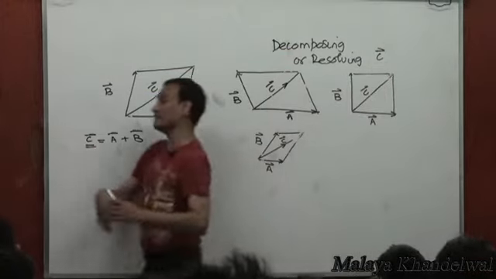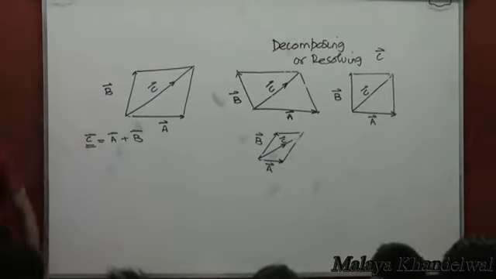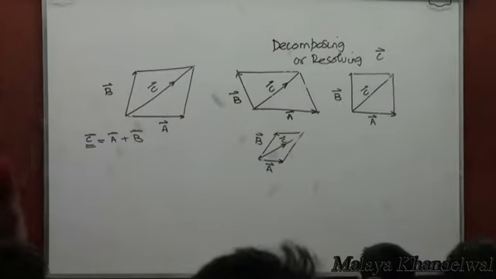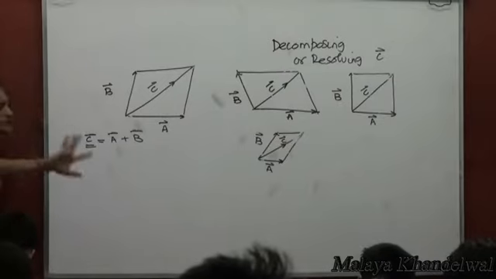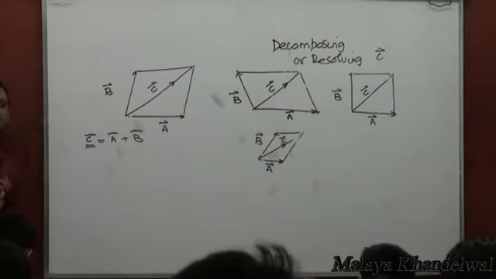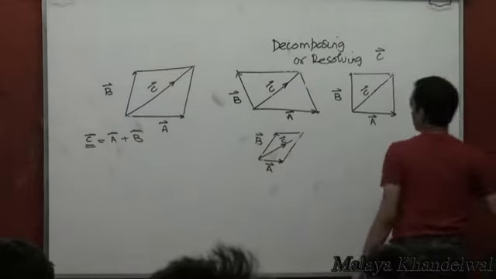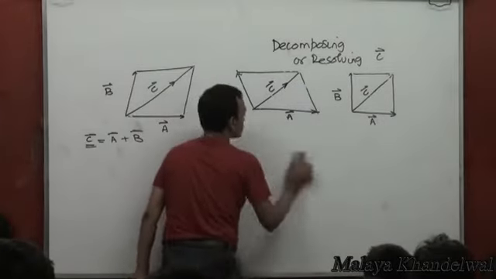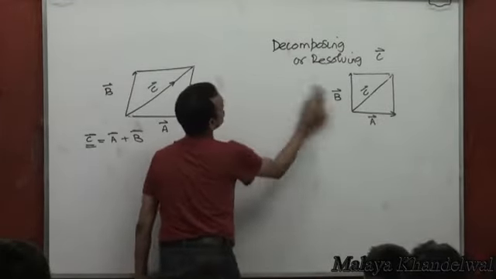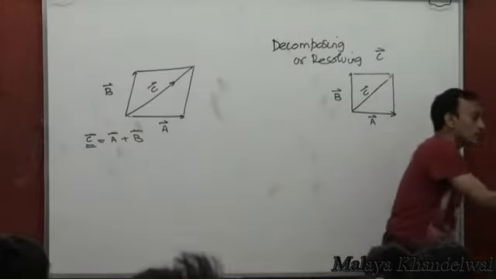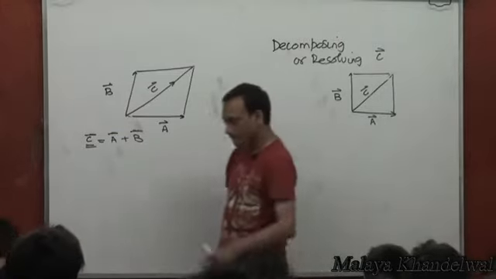Decomposing or resolving C: replace C by two vectors A and B whose resultant is C. And that can be done in an infinite number of ways. Right. So this process is called resolution of the vector C.